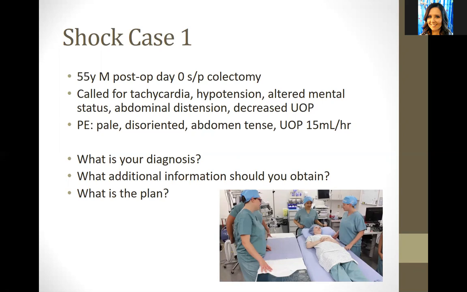What's the plan? So the patient just had surgery. What's a major risk of surgery? Bleeding. So let's see, they're tachycardic, hypotensive. So the reason they're tachycardic is because their blood pressure is low, their heart's trying to compensate. Altered mental status, well, because their blood pressure is low. Abdominal distension and rigidness.